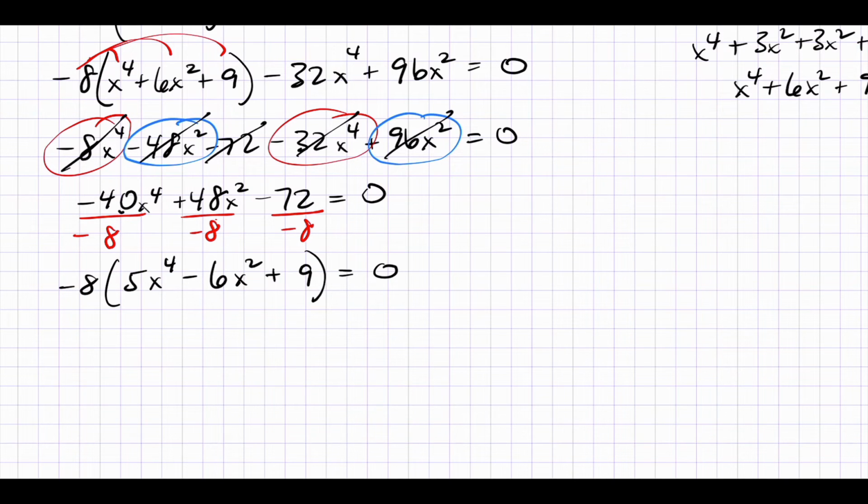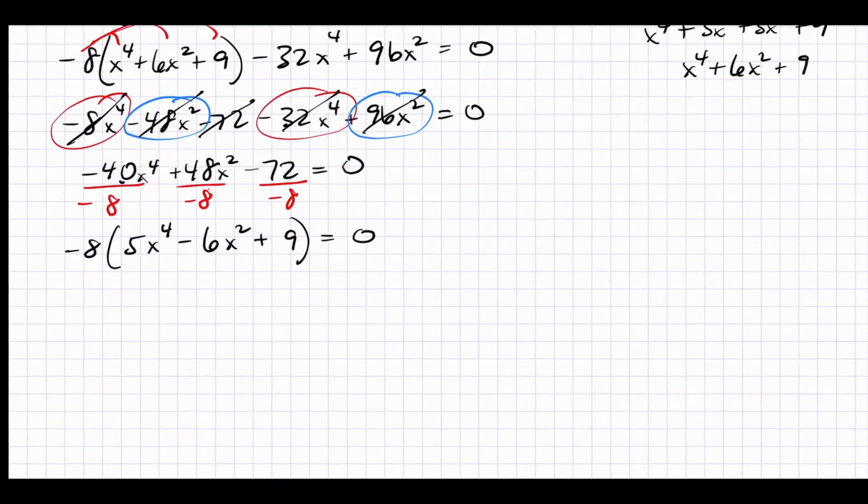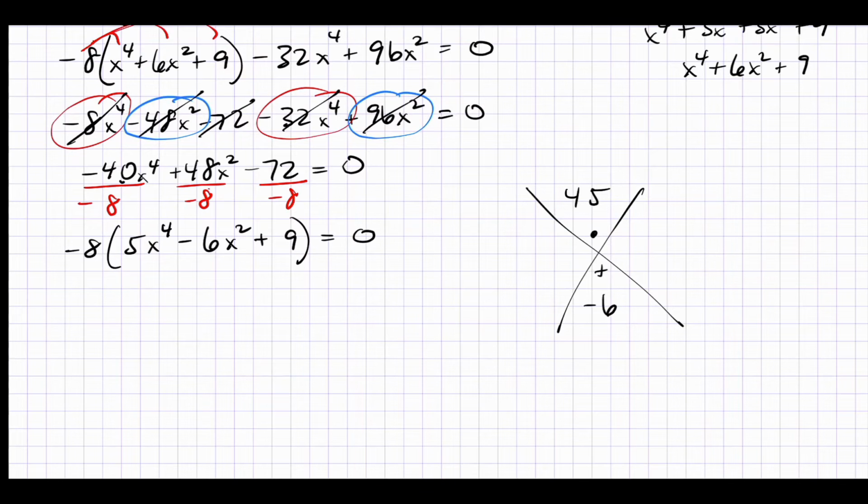Okay, so we got -8, 5x to the fourth minus 6x squared plus 9 equals 0. Okay, so let's see. This is just a math 3 problem here that we got to figure out. Let's see, 9, 5. What multiplies to be 45 and adds to be -6?